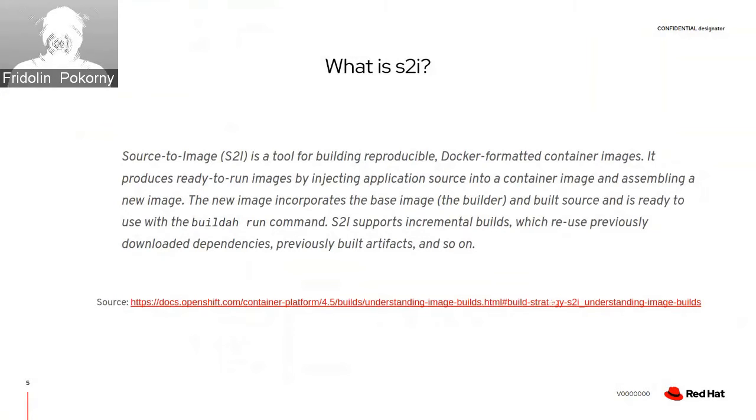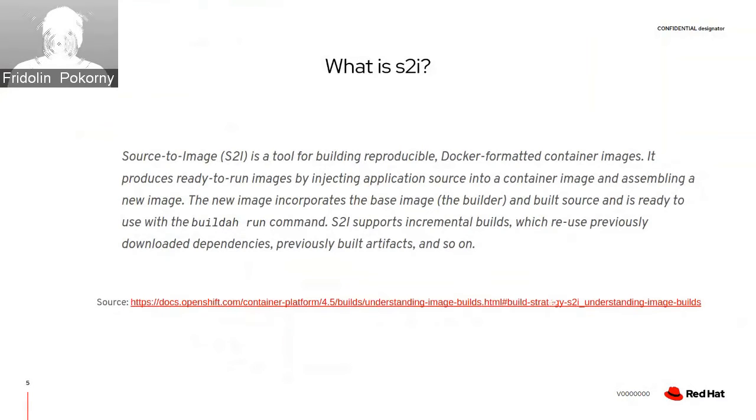The new image incorporates the base image, the so-called builder, and the build source, and it's ready to use with the build run command. s2i supports incremental builds, which reuse previously downloaded dependencies, previously built artifacts, and so on. This is based on OpenShift's documentation.